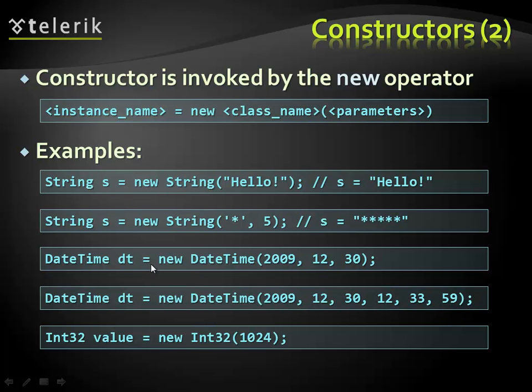Once we say new and the name of the class, we have to call the constructor, and this will return us the instance after the constructor has run and the data has been processed. For example, if we talk about the datetime, we are feeding the constructor method with those 3 integers.